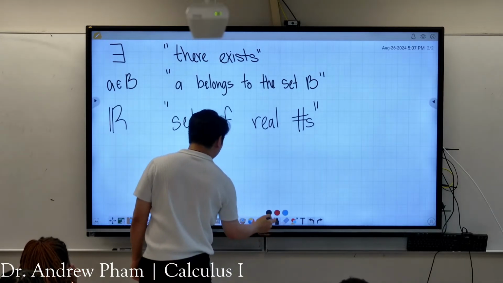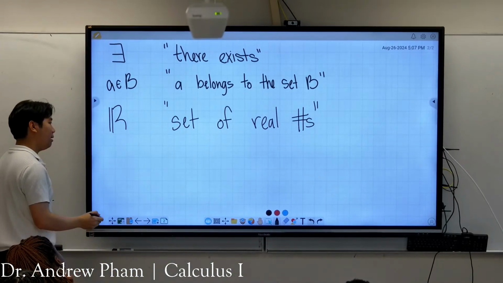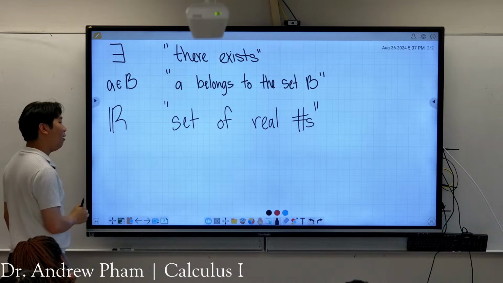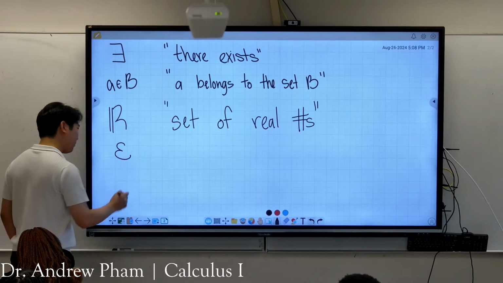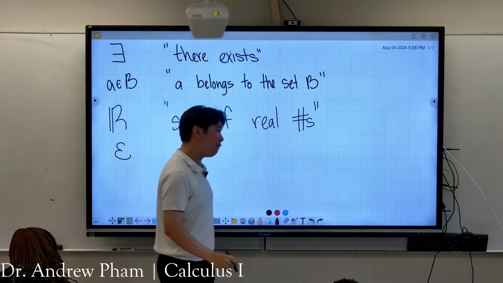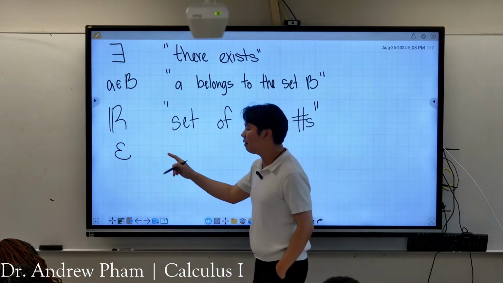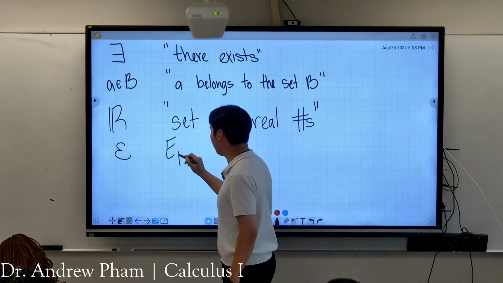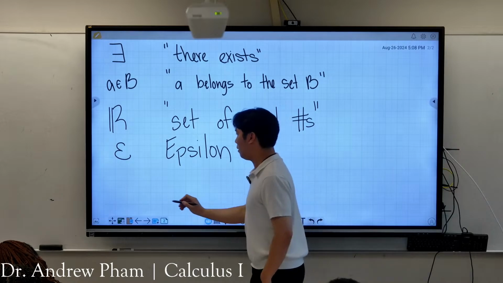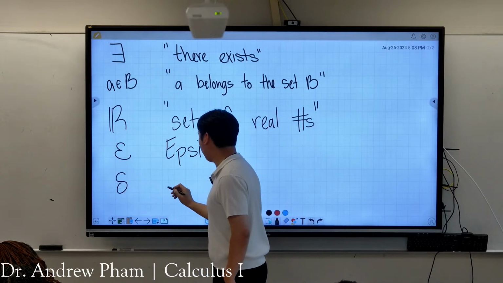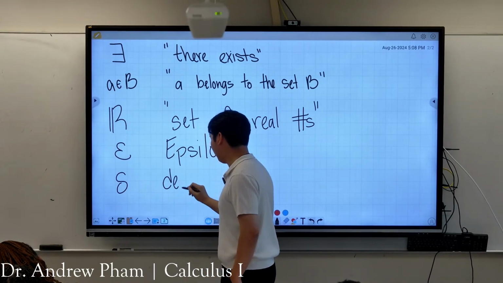All right, moving up from here, let's see. Do I want to introduce all the notations? Probably not. This one is not going to have an exact meaning, but whenever you see me write this, it's going to represent an epsilon for us. And then this will represent a delta.